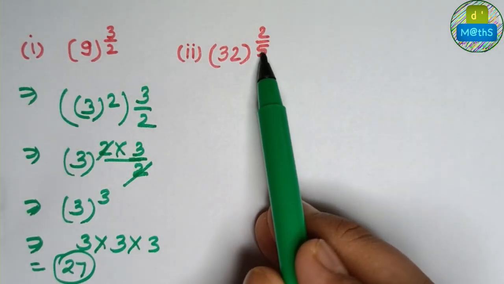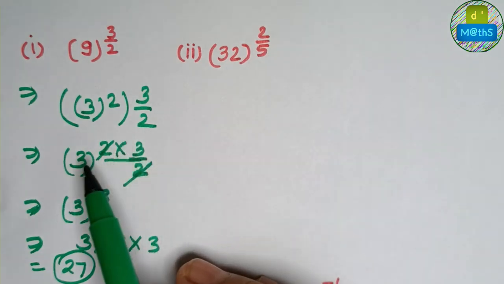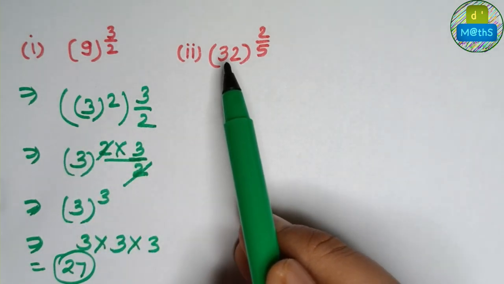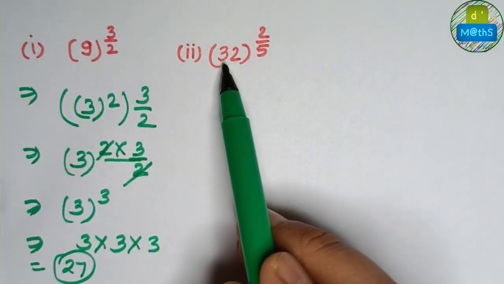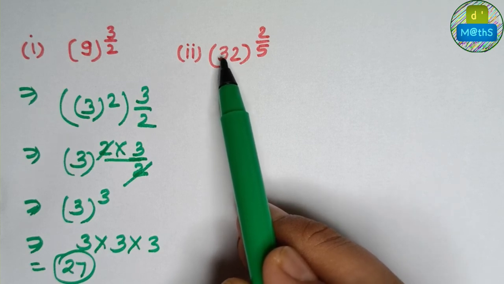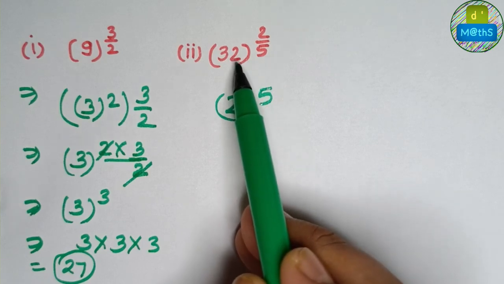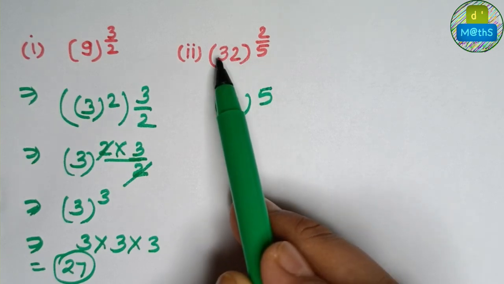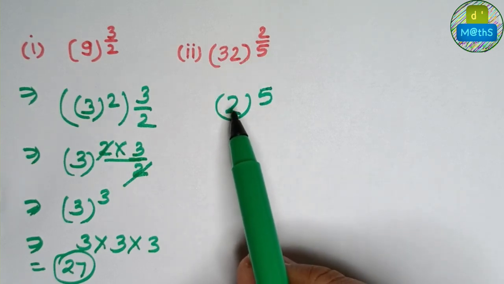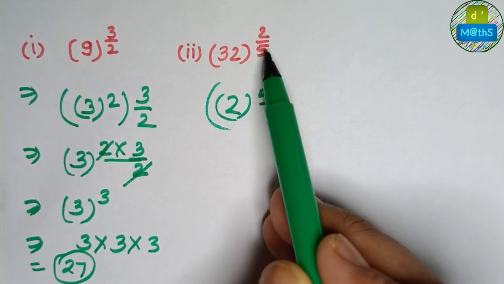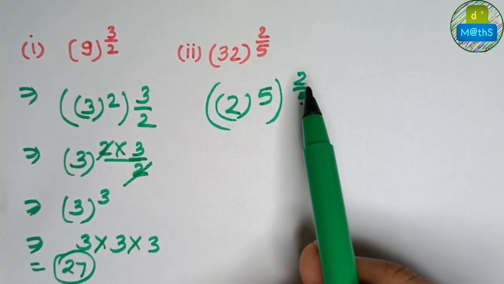Here also you have to assume in such a way that when you multiply, both the powers cancel out and you get a fresh value, which makes the answer easy. Now you can assume 32 as 2 to the power 5, and 32 to the power 2 upon 5 is given.